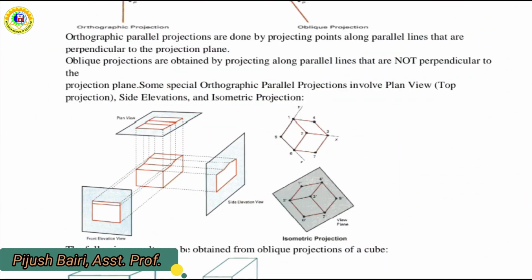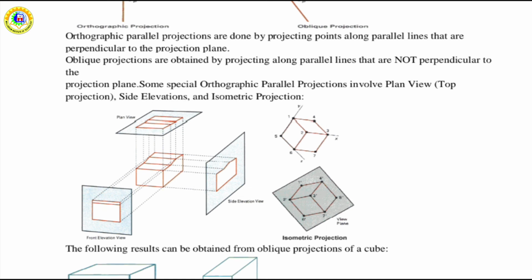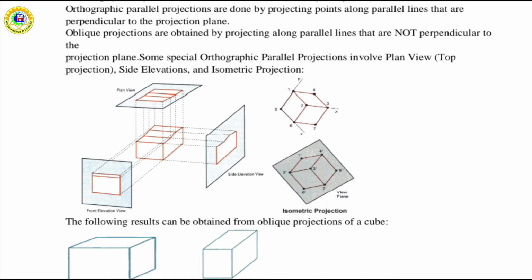We generate an isometric projection by aligning the projection plane so that it intersects each coordinate axis, that is the x axis, y axis and z axis, at the same distance from the origin. So in case of the isometric projection, the projection plane is placed at an equal distance from the origin.